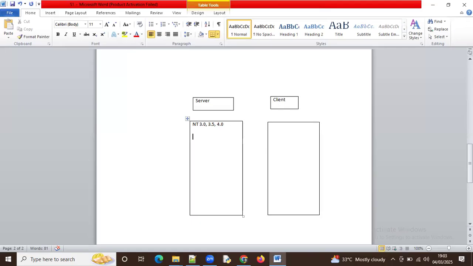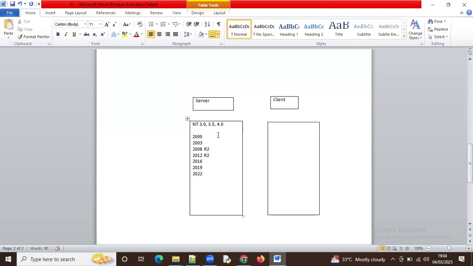That is 2000, 2003, 2008, R2, 2012, R2. Next 2016, and 2019, and next 2022.